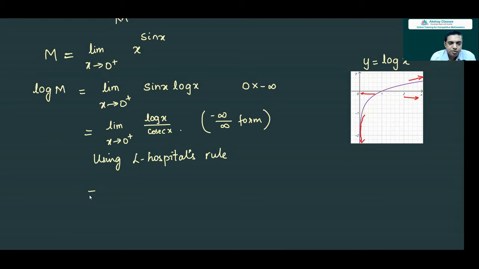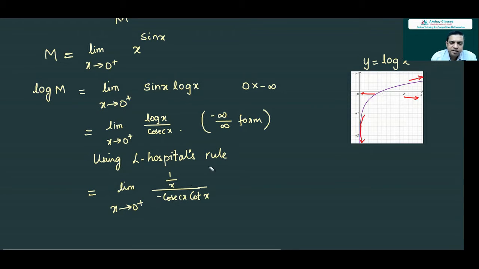When I use the L'Hospital's rule, I get limit x tends to 0 plus log x, derivative is 1 by x, and cosecant x is, sorry, minus cosecant x cot x is the derivative of cosecant x.